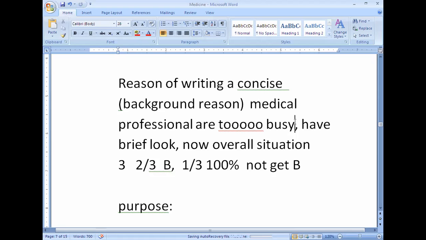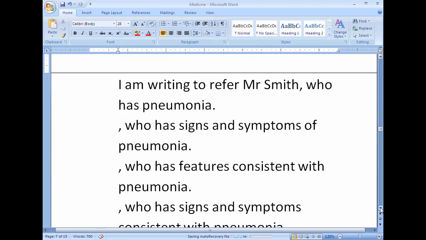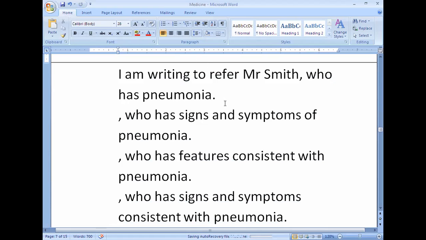What I want to say is, medical professionals are too busy. That is why we need to write a concise letter, not a very large letter. If you write a very large letter, OET will not pass you, because OET wants us to write concise letters.